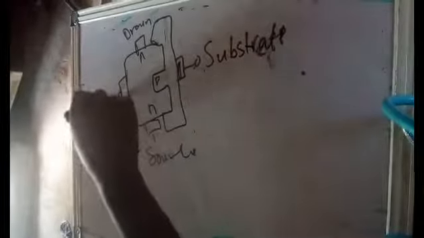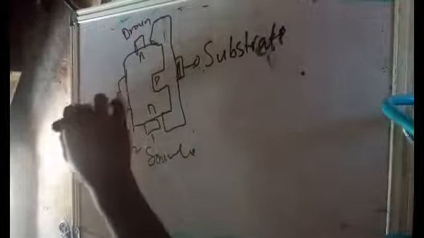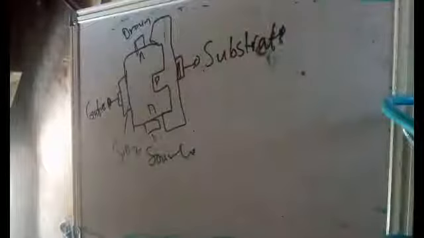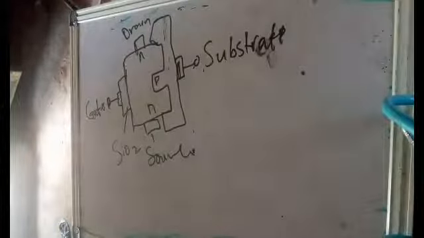So the gate of the MOSFET is insulated. So this is the gate. That is what makes the MOSFET more effective and more useful than the JFET, just because of the insulated gate of the MOSFET.